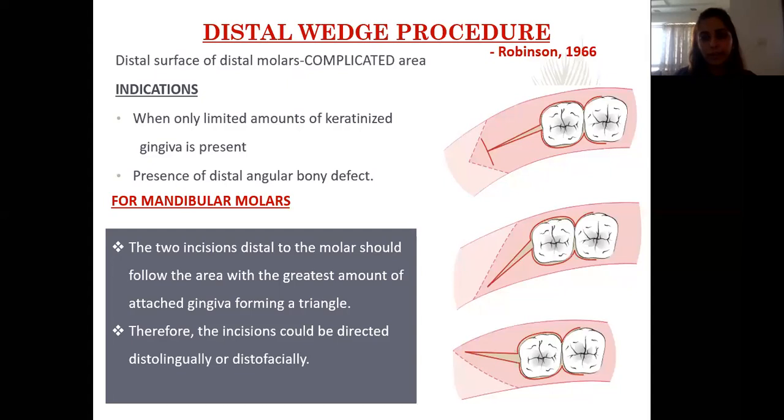If you have a sufficient zone of keratinized gingiva, you follow the zone. So suppose you have keratinized gingiva that moves to the buccal or to the lingual, your triangular incisions will vary accordingly.